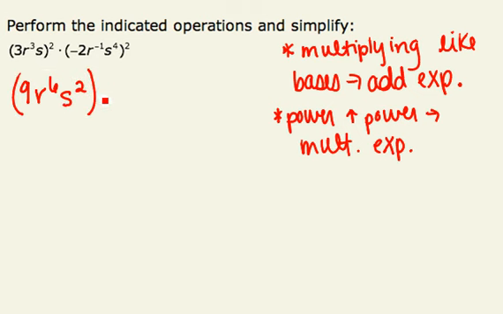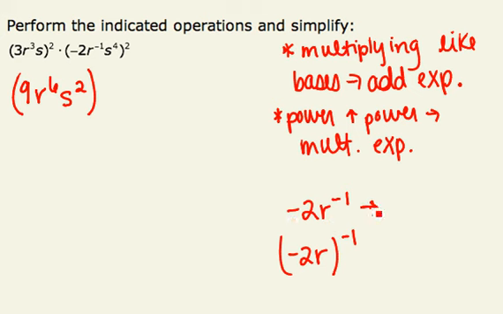Now I can look at my second parentheses. Well, let's pull out negative 2r to the negative 1 and look at two differences. Negative 2r to the negative 1, this negative 1 exponent is only going to the r. In the second case, the negative 1 goes to the negative 2.